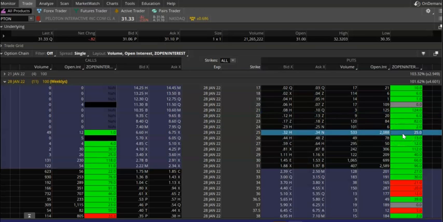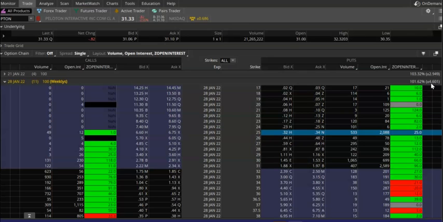That basically means a lot of smart money is predicting that's where the stock is going to go down to by this week, 28th of January. You can also see that the volatility is very high. The stock can move 4%, $4.66, between now and Jan 28. That's the one standard deviation probability.